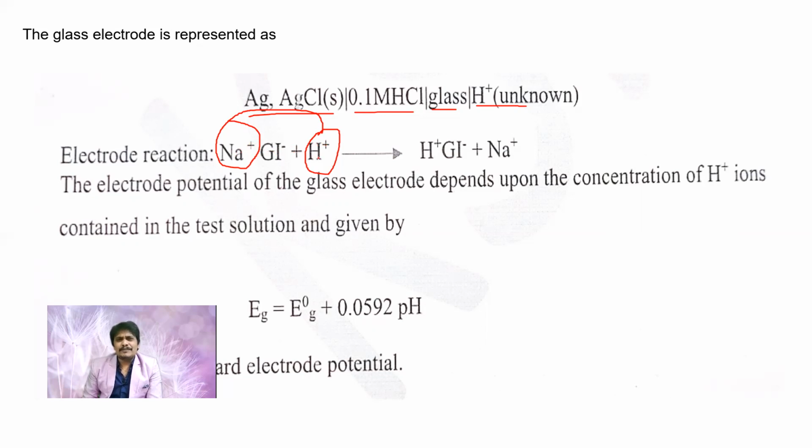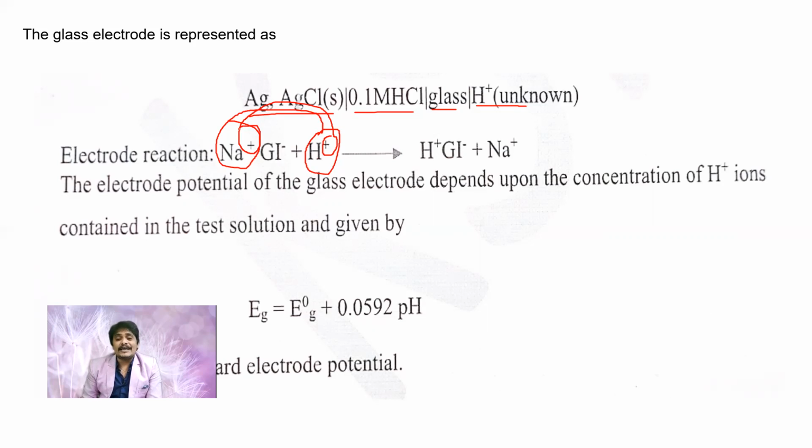Now, why are the H+ ions replacing or displacing only the sodium ions? Because do remember always that a cation will replace or displace a cation, and an anion will replace or displace an anion. Now, is H+ a cation or an anion? H+, right? So since it is a cation, it replaces or displaces only cations. And what are the cations which are a part of the glass bubble?